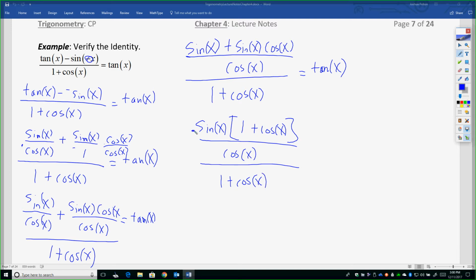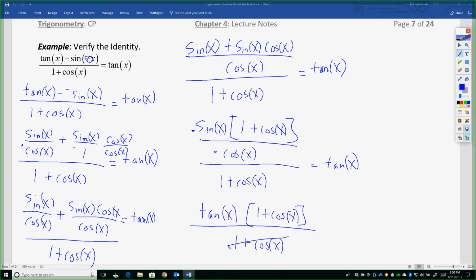But sine over cosine is tangent. So I'll have tangent of x times 1 plus cosine of x over 1 plus cosine of x, which will in fact cancel, leaving me with tangent. We verified it. All right, pause the video, try the student problem.